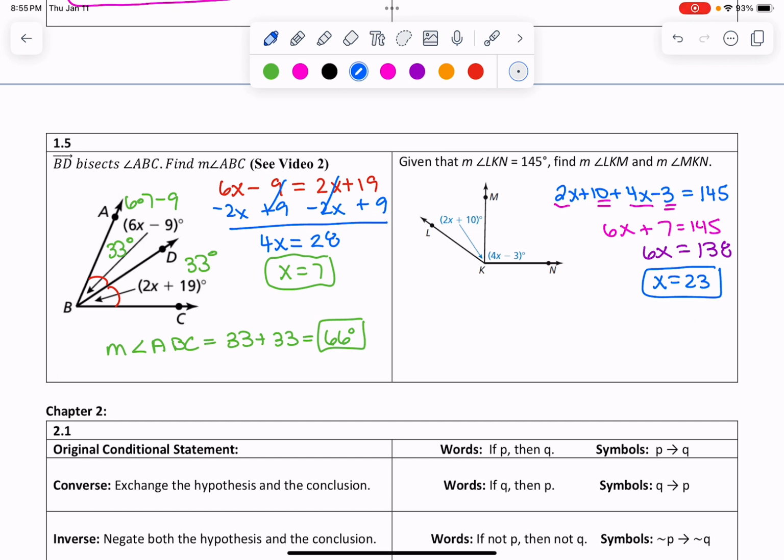So then if I want to find my two angles inside, I'm going to replace that x with 23. So for my first angle, LKM, the top one, 2 times 23 plus 10 is 56 degrees.